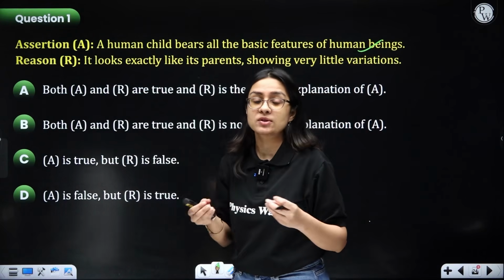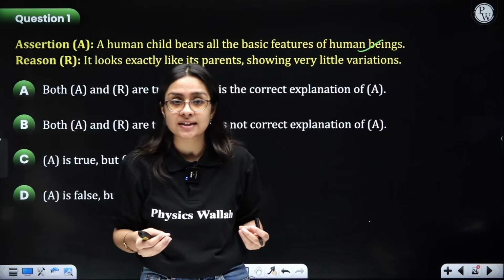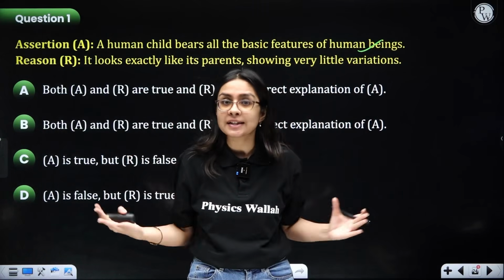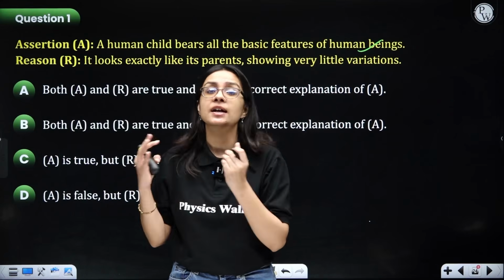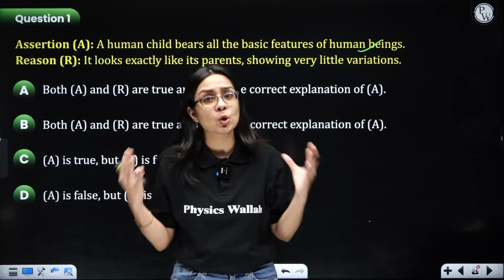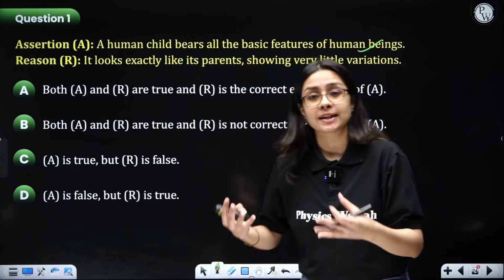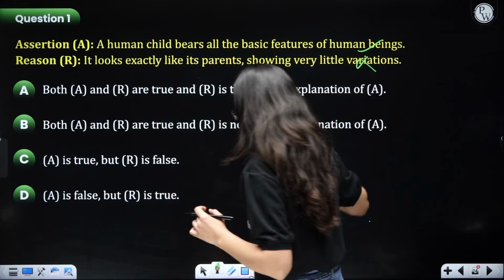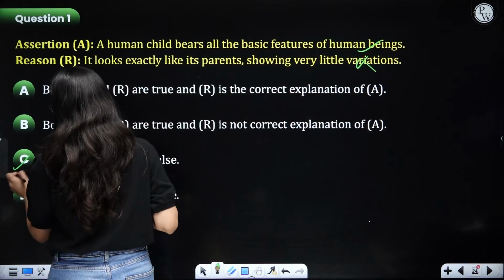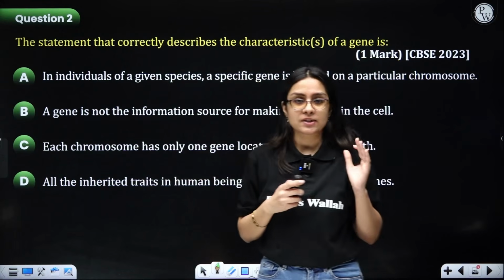That is not true because obviously there are variations that are seen. Even though the skeletal structure remains the same, there is height difference, change in eye color, hair pattern, hair color, and so many variations that can be easily seen, right? So the reason is wrong. We have to choose assertion is true, but reason is false, and I can choose option C.